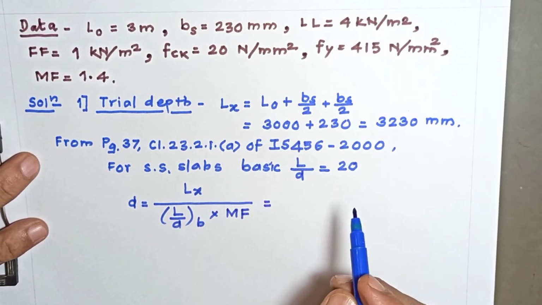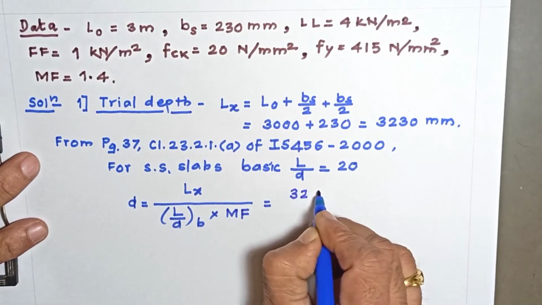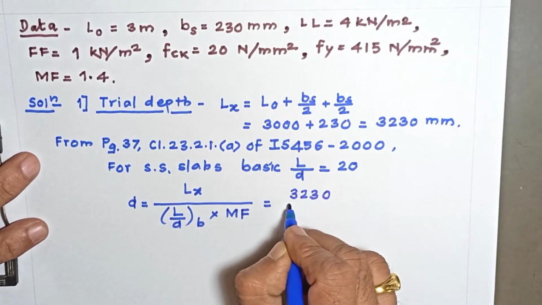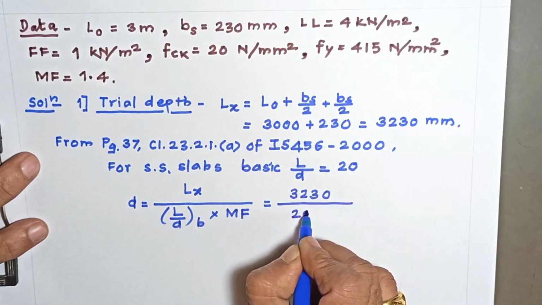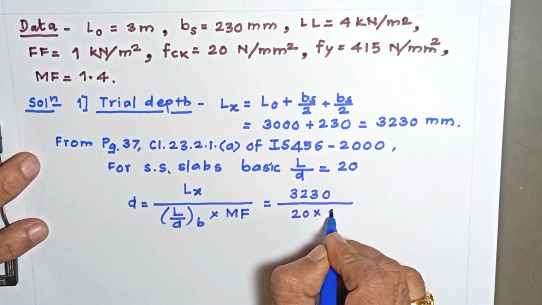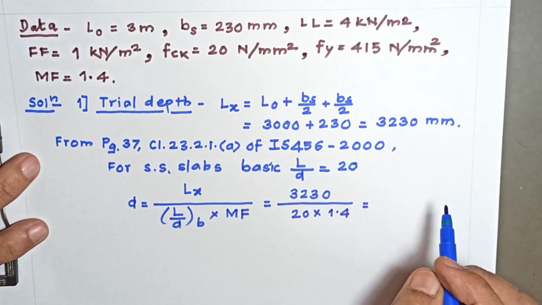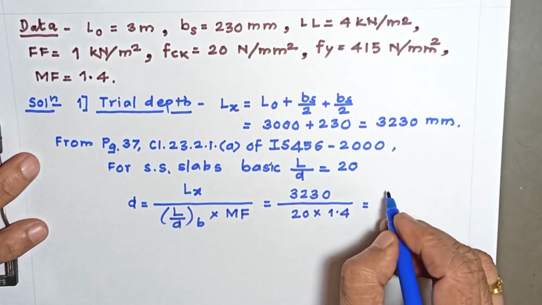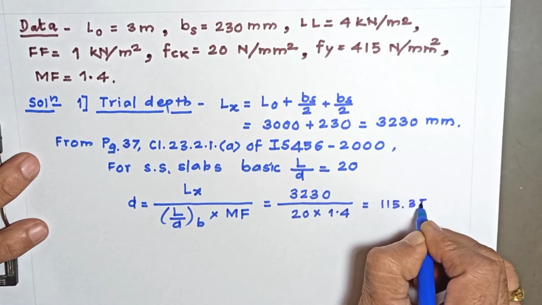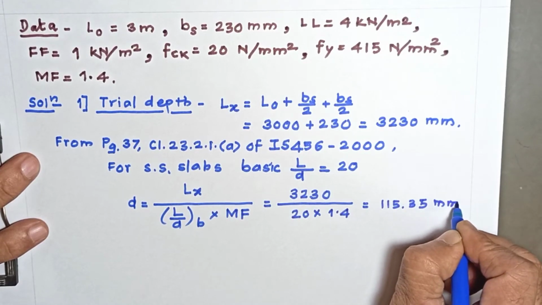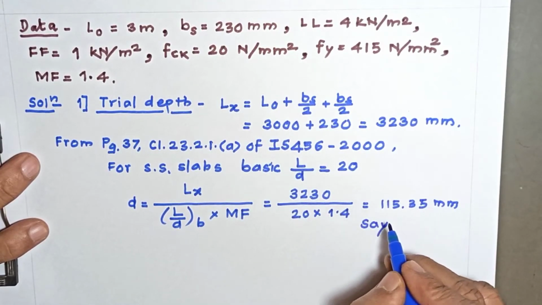So this will be equal to, let us take in mm, 3230 divided by, what is the value of L by D basic ratio? 20. What is the value of modification factor, which is given as 1.4? And you will find that this value comes out to be 115.35 mm. Say 120 mm.